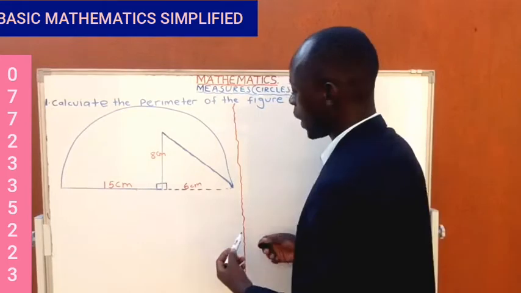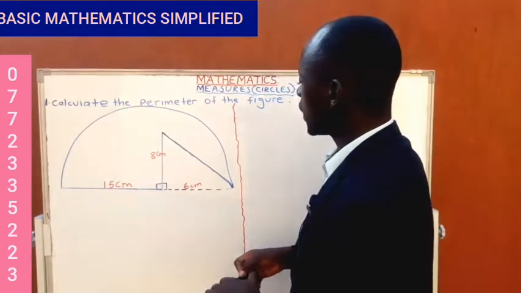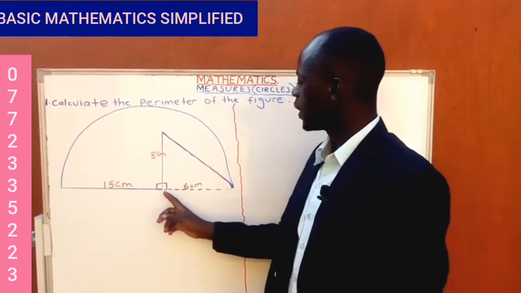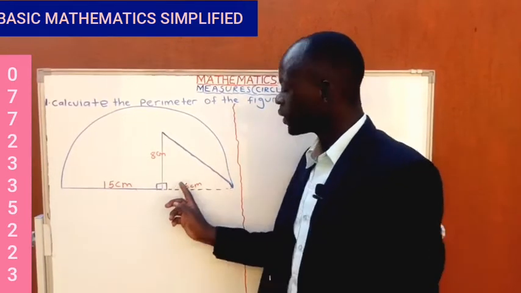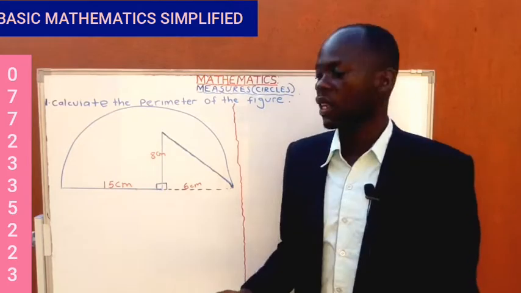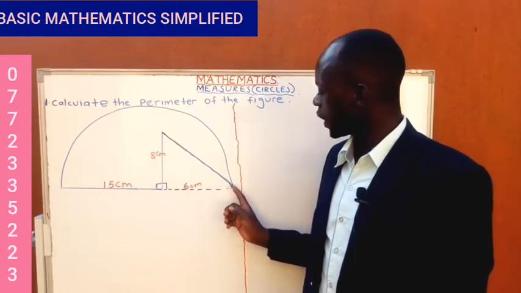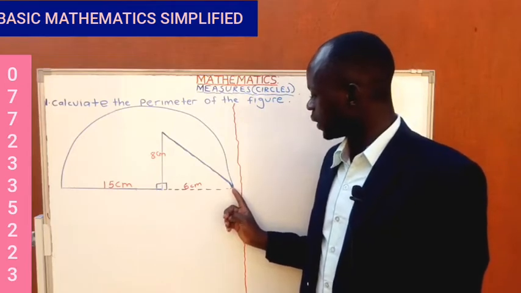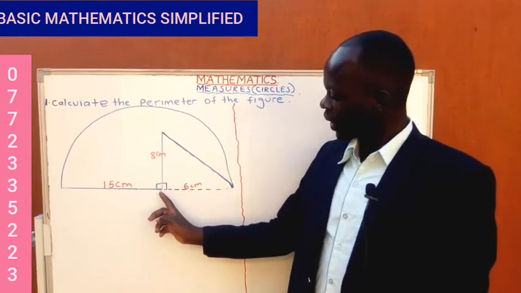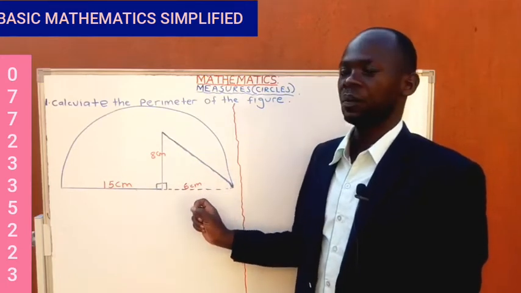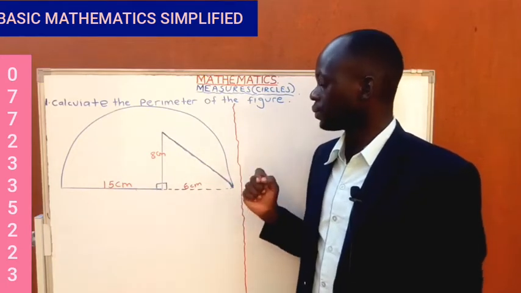This dotted part is just imaginary, but the distance from this point to this one is 6, though it is not there. So when you calculate the distance around the figure, we shall not add from this point to the other point. We shall know why this one is important in our calculations.